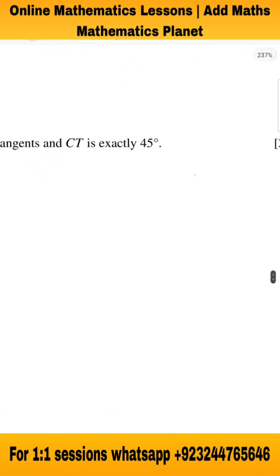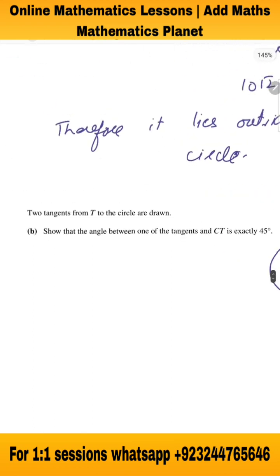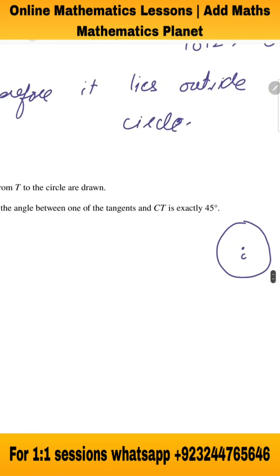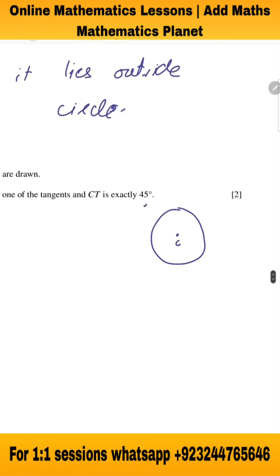So now we have a circle, and this is a point C that is the center of the circle. There is a point T which is outside the circle, so two tangents are drawn to the circle like this.